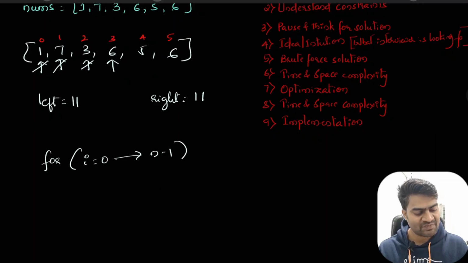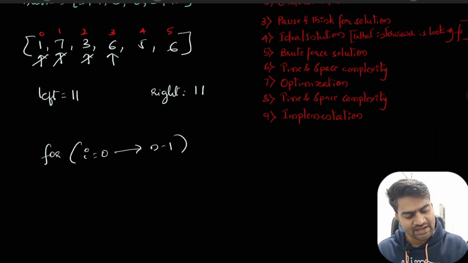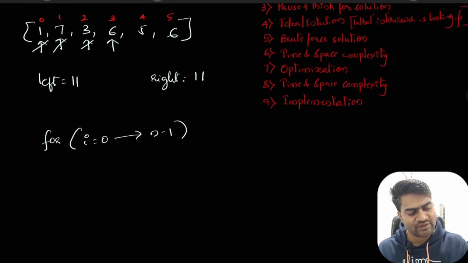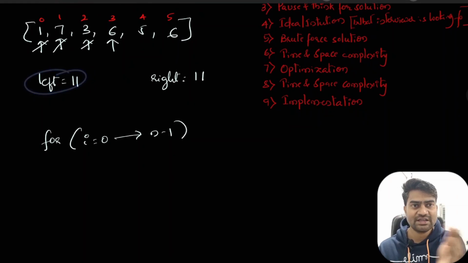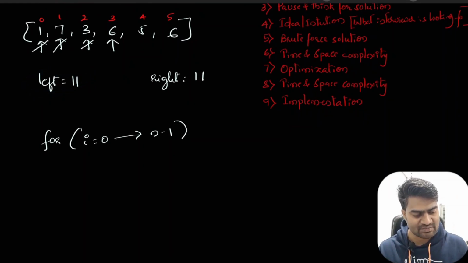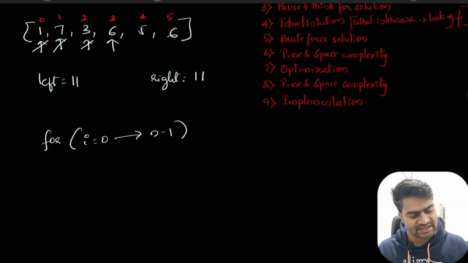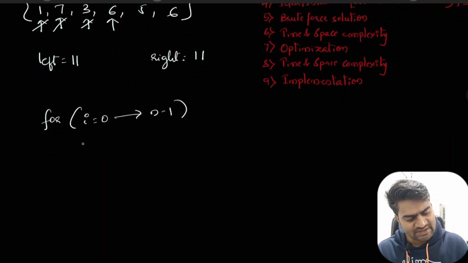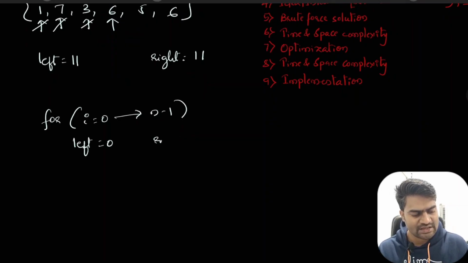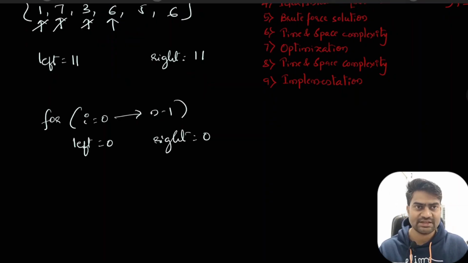After that, I need two variables to find my left value, basically the prefix sum, and the suffix sum. So I will take left equal to 0 and right equal to 0.